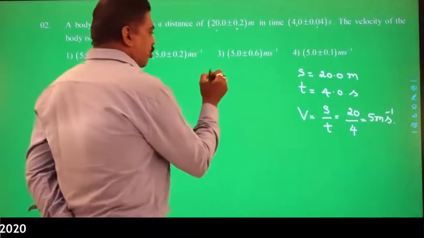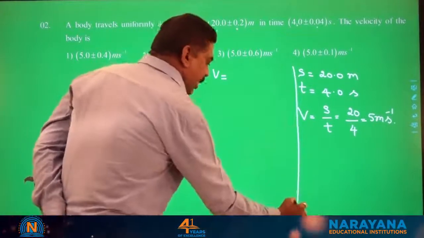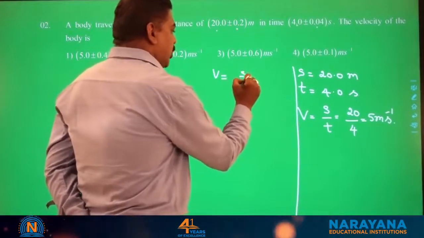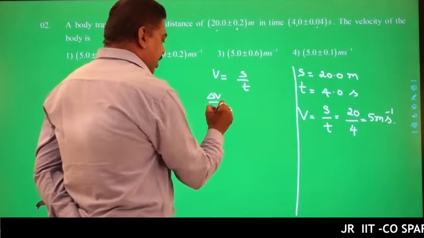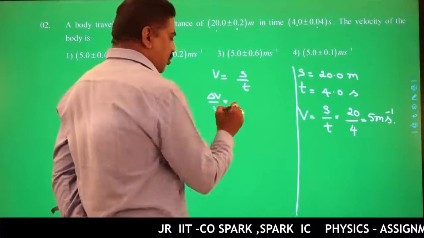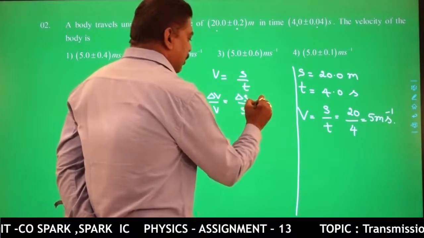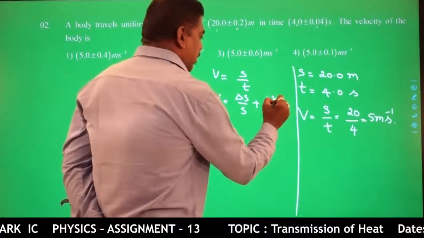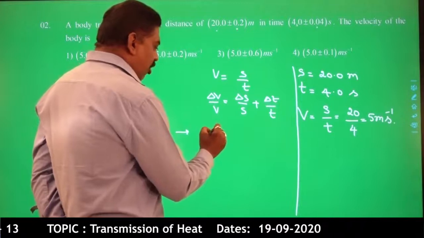Next, v equals S by t, then delta v by v equals delta S by S plus delta t by t. Then we have to find delta v.